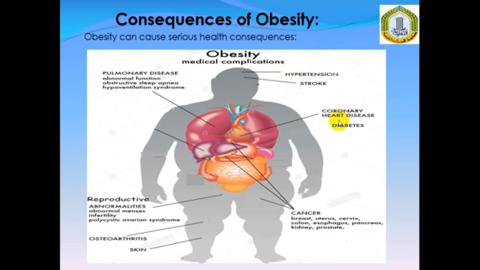Coronary, which are related to heart diseases, and mainly diabetes. Some cancer diseases, osteoarthritis, which are diseases in the bones, skin, reproductive abnormalities, pulmonary diseases, diseases in the lungs.